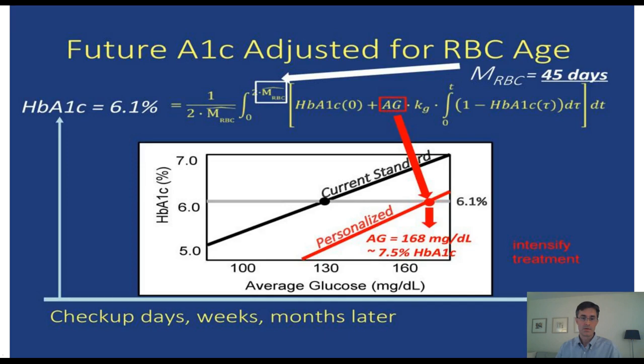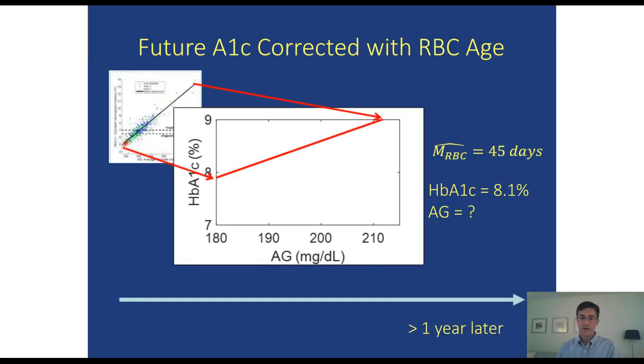We've tried this approach in some public data sets, and we found, for instance, here's an example of a patient who did have a mean red blood cell age estimated at 45 days and an A1c of 8.1%.